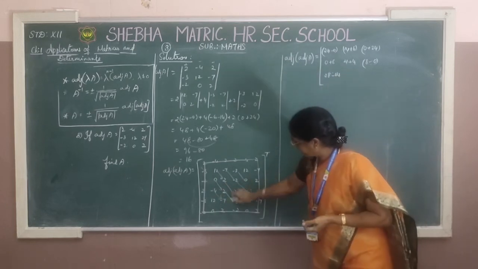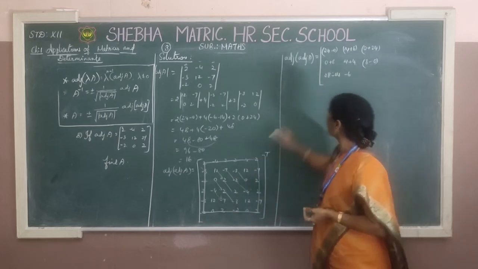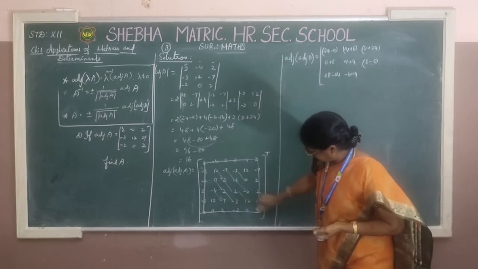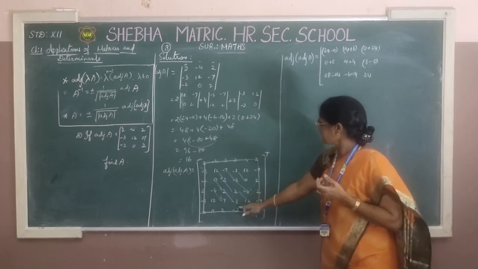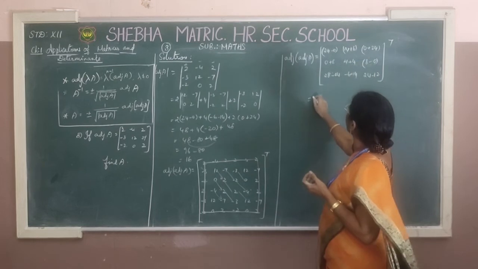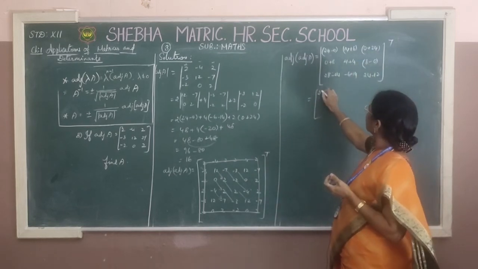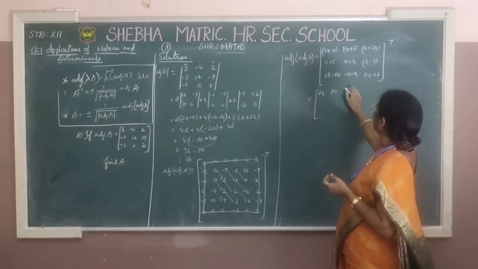And then multiply these two. Minus 6 and plus 14. Plus 14. The next one is multiply these two. 2 12s are 24. And then minus 12. Transpose. Don't forget to write T. Listen, the next line: 24 minus 0 is 24. 14 plus 6 is 20 and here also 24.